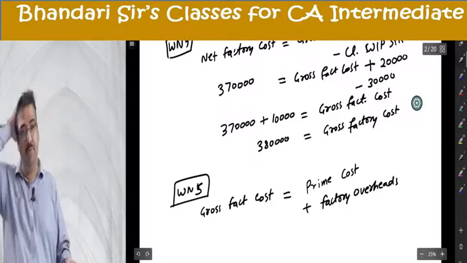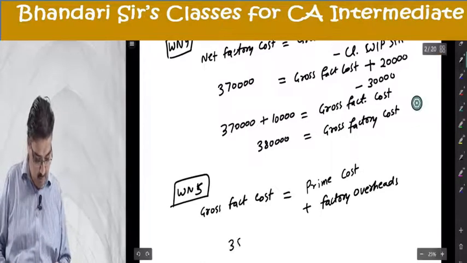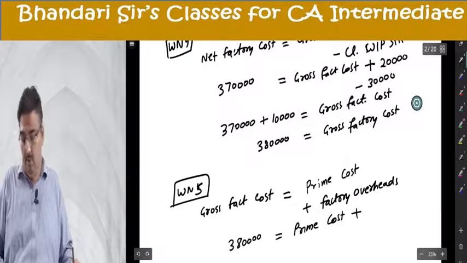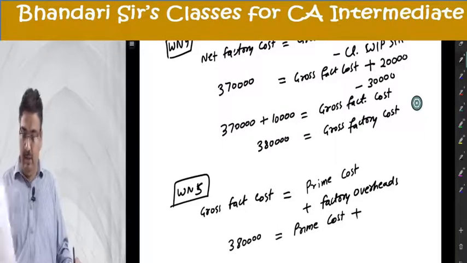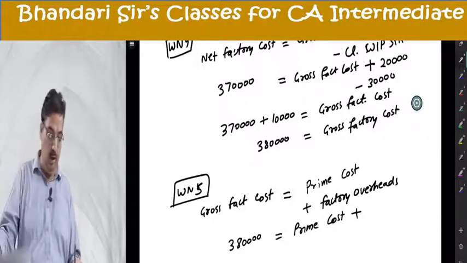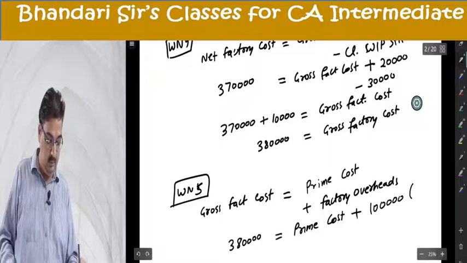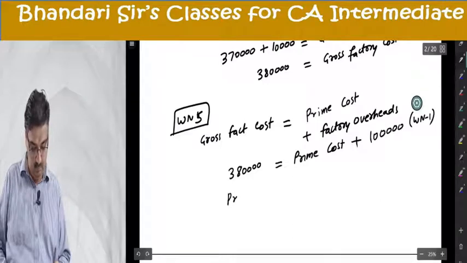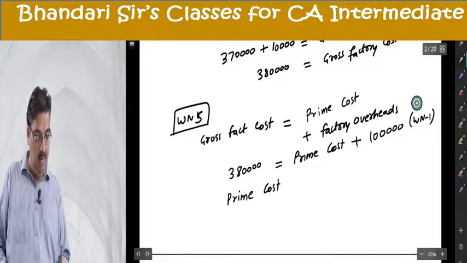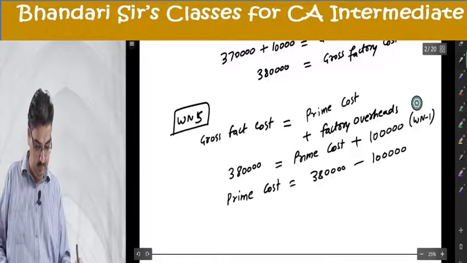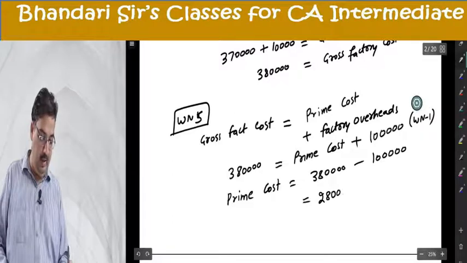Prime cost plus factory overheads. 3,80,000 is equal to prime cost plus factory overheads. We were not given, we computed in working note 1, 1 lakh. So prime cost is 3,80,000 minus 1 lakh, 2,80,000.